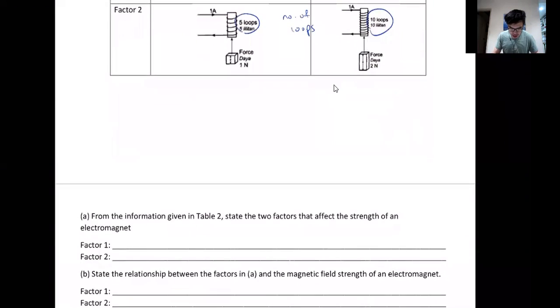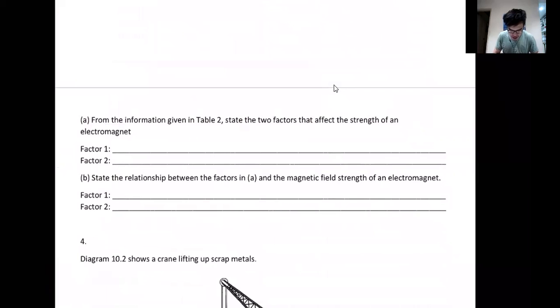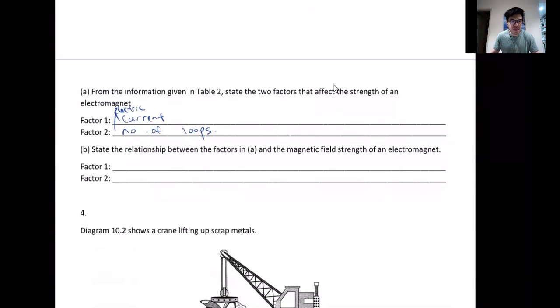So next, A. From the information given in table 2, state 2 factors that affect the strength of an electromagnet. So number 1 is the current, okay, or electric current. Then factor 2 is our number of loops. Okay, number of loops. This is really easy. So state the relationship between factor in A and magnetic field strength.